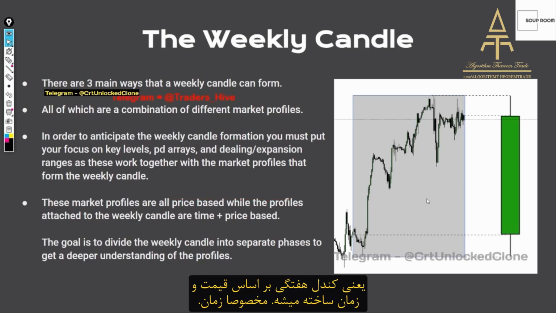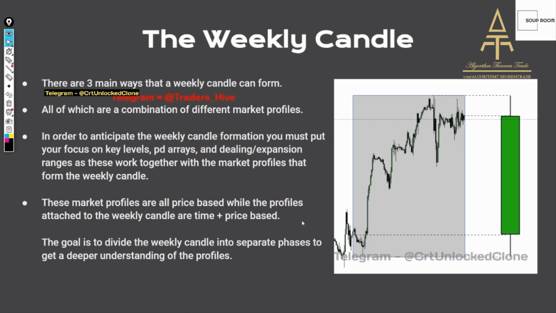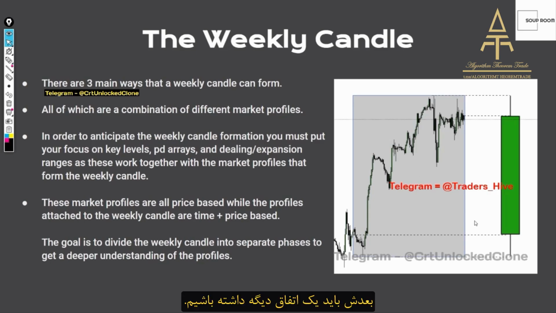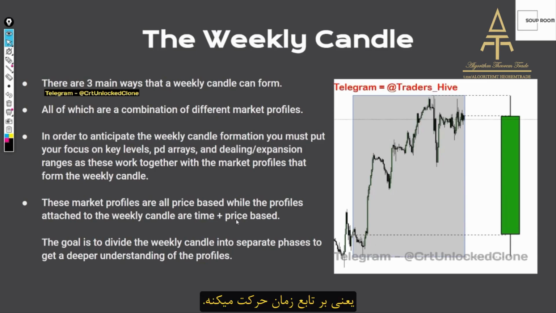What does this mean? A weekly candle will form based upon price and time coming first, right? This means that if on a specific day of the week a PD array is hit, then something else is supposed to happen next. This means that there is a time function within the formula.